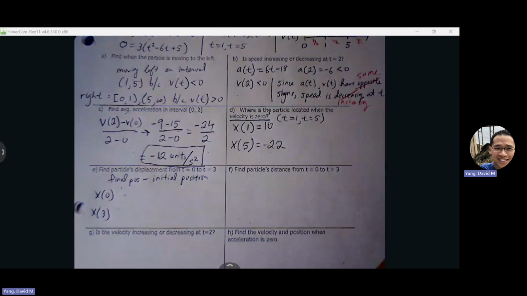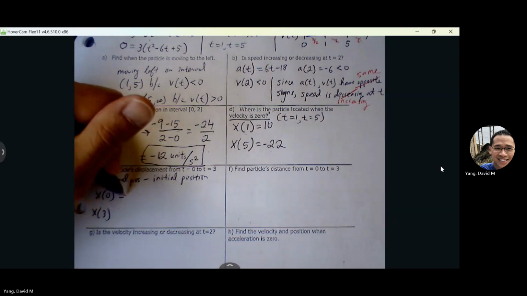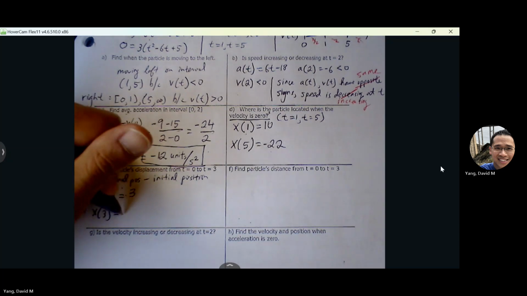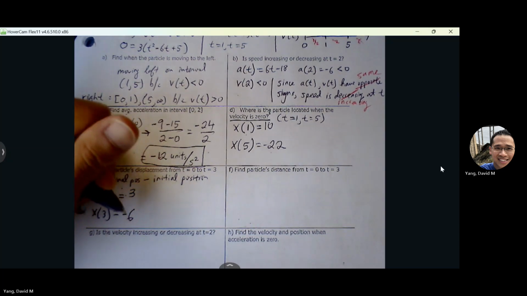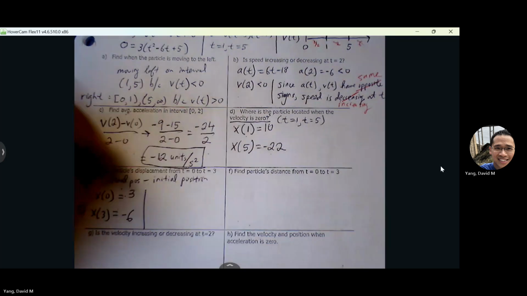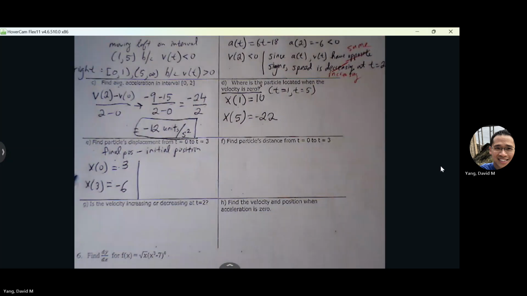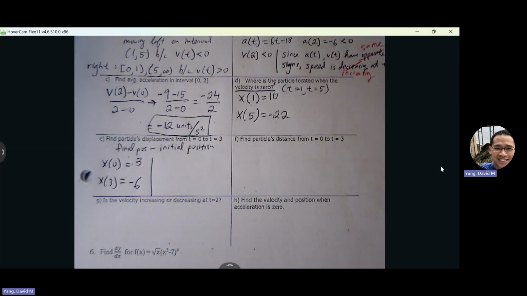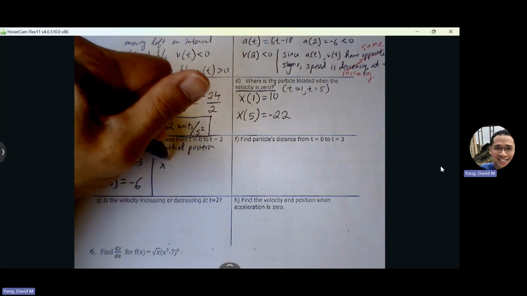We want to find x of 3, which is doing final minus initial. It's okay to get a negative number for displacement. It means you end up to the left of where you started.